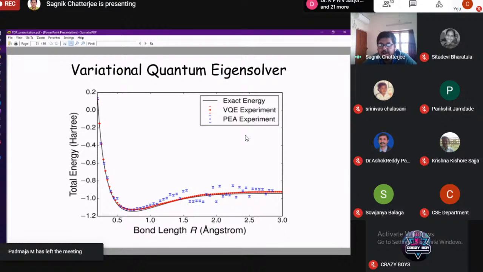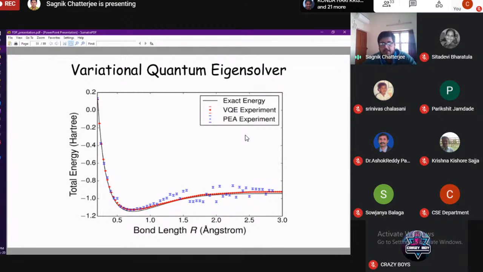Initially, you see that we start at a very high energy level. This is a graph of the Hartree-Fock simulation of hydrogen molecules. We start at a very high energy, and then we eventually slow it down and finally settle upon the ground state energy, which is around 0.8 Hartrees.